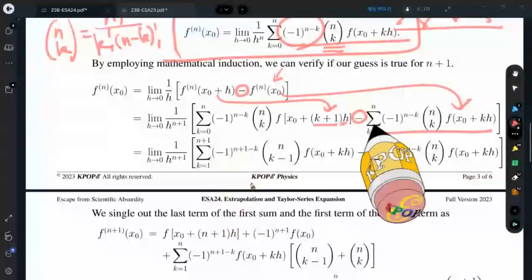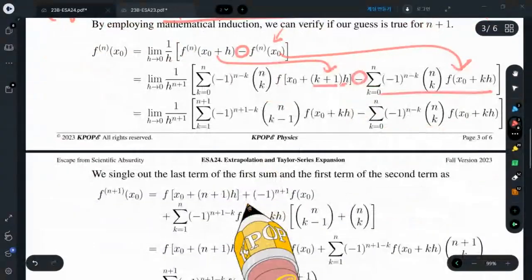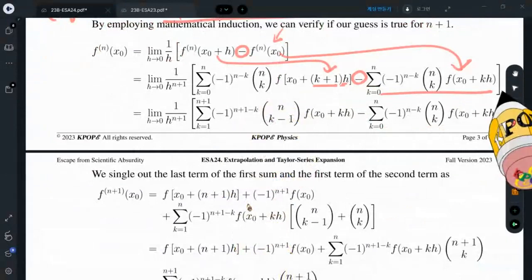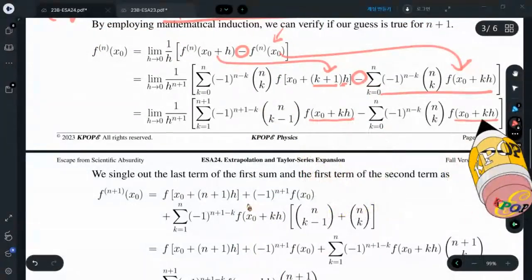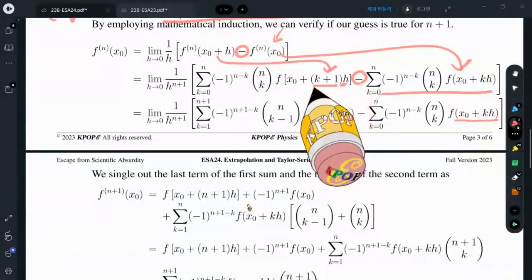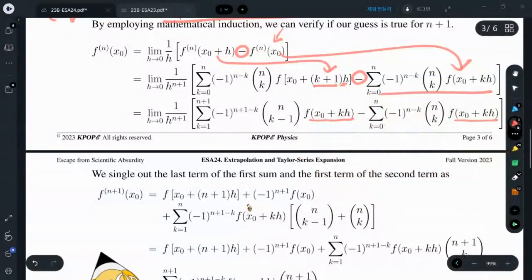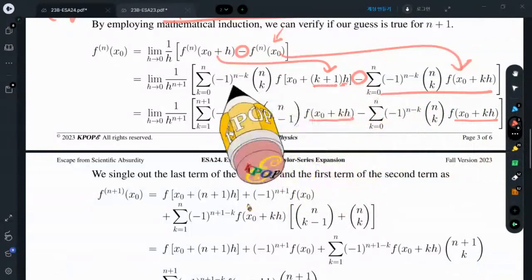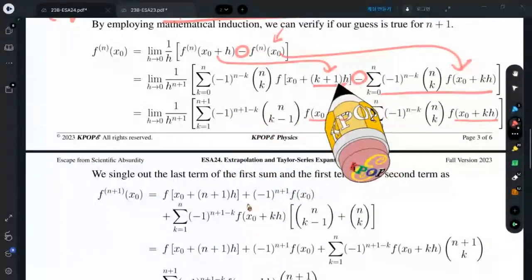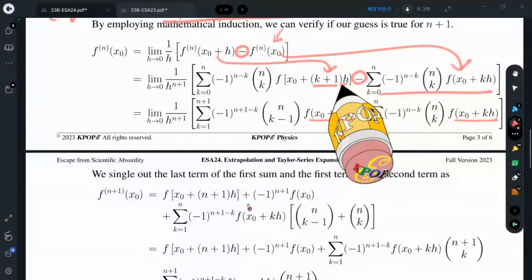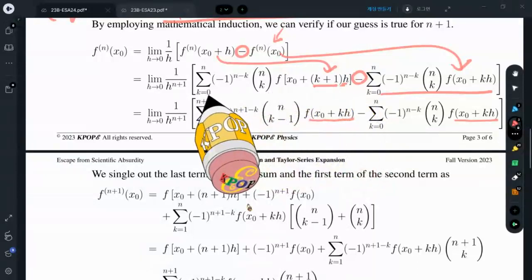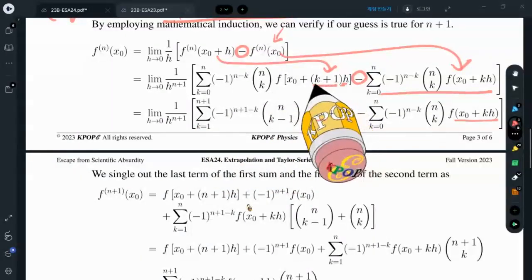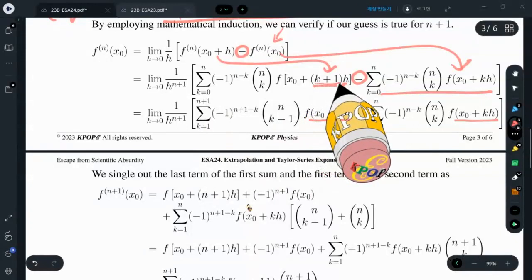Everything is the same. Now we'd like to add these two, keeping this part the same. At the moment, they are different. So I have shifted this one. This one, if I substitute k equals 0, it begins with 1.